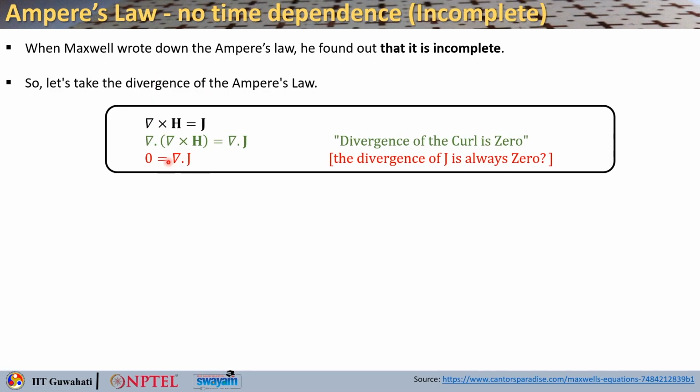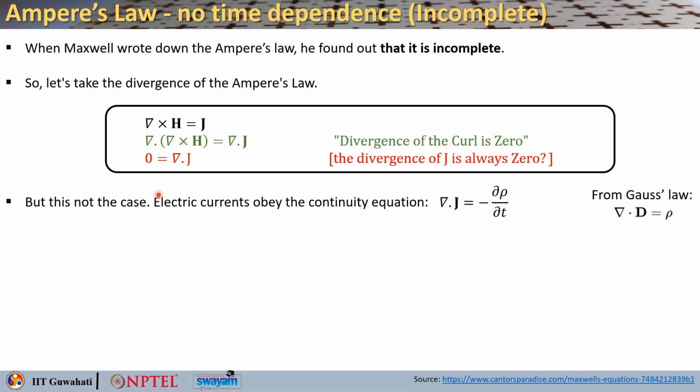So, divergence of J should ideally be minus dou rho by dou t.